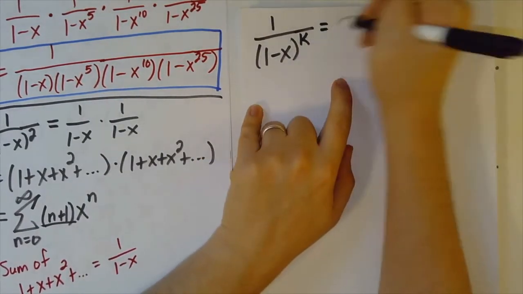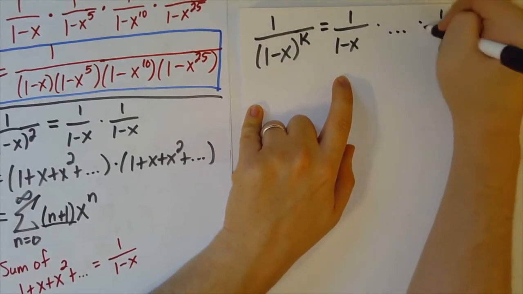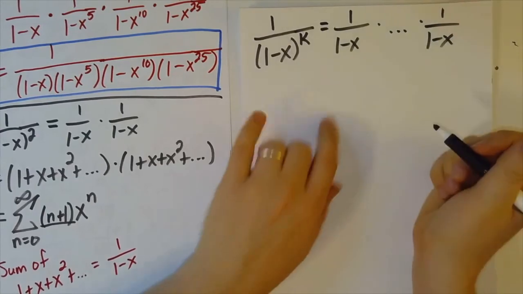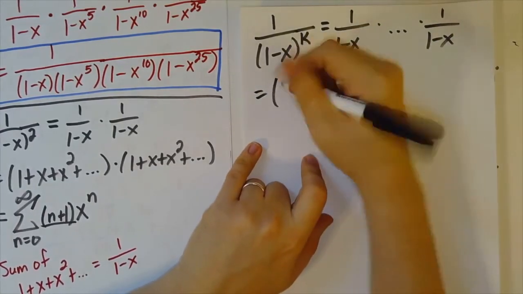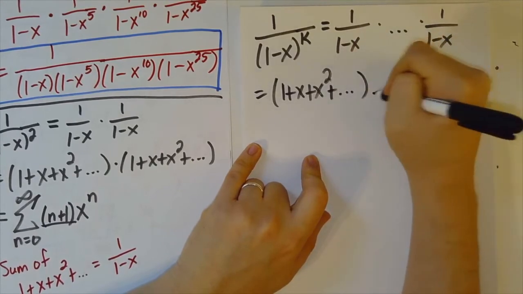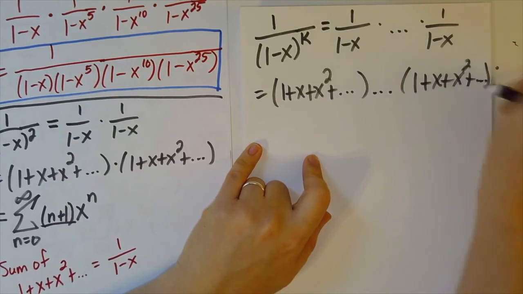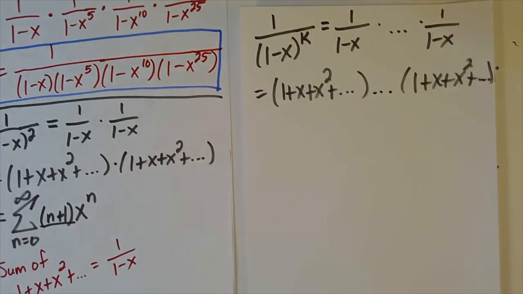So that is going to be 1 over 1 minus x times dot, dot, dot, times 1 over 1 minus x, where each factor is 1 plus x plus x squared plus dot, dot, dot.